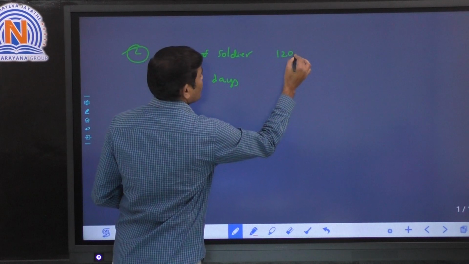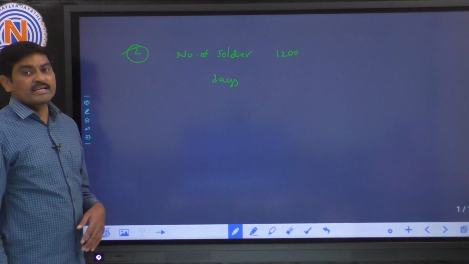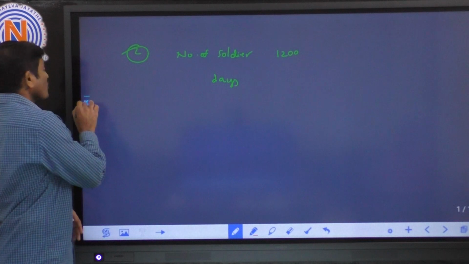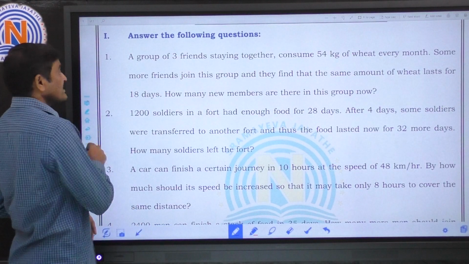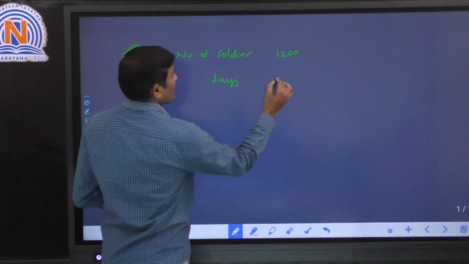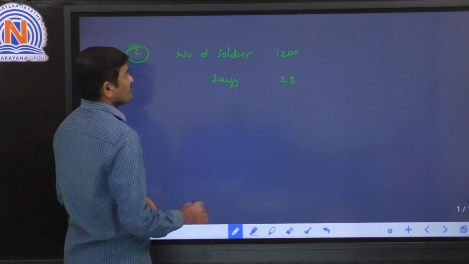Actually how many soldiers are there? 1200 soldiers. For these 1200 soldiers the food lasts how many days? 28 days.